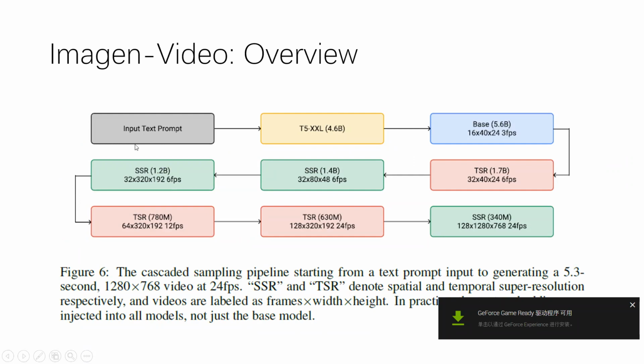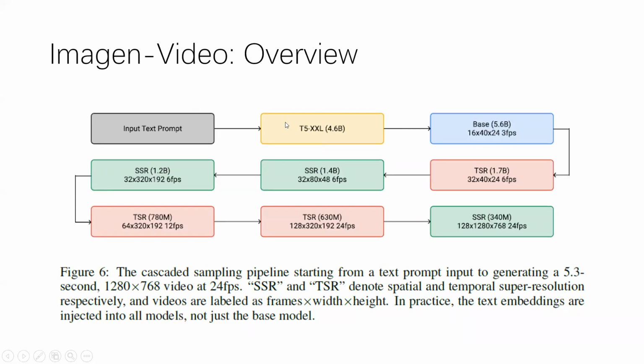Same as Imagen, given the text prompt, it uses the same text encoder, T5-XXL, to generate the encoding, and then this base model conditions on the text tokens and outputs a 40 times 24 times 3, at 3 frames per second, short video. So it will be a very short one, with only a few frames and very low resolution.